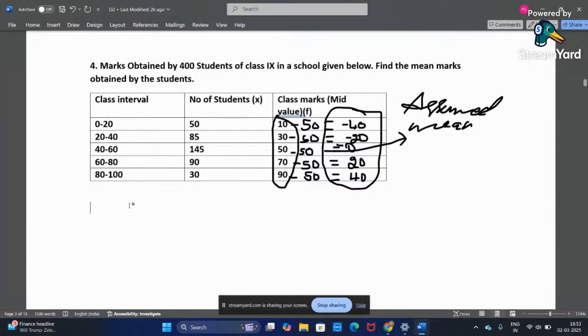Multiply this 50 into minus 40. How much will we get? You have to answer me. Again, 85 into minus 20. 145 into 0.